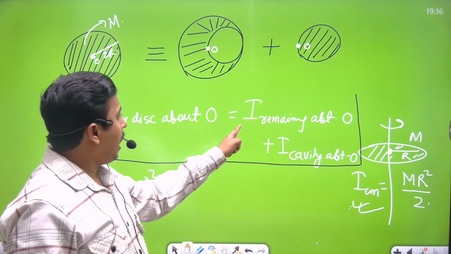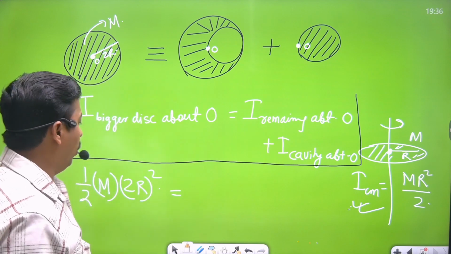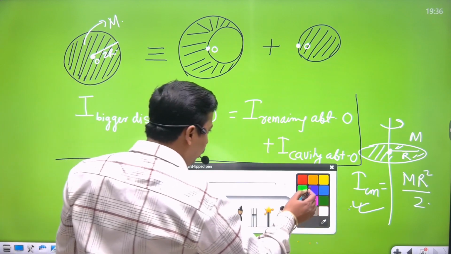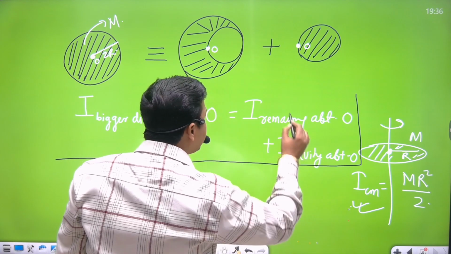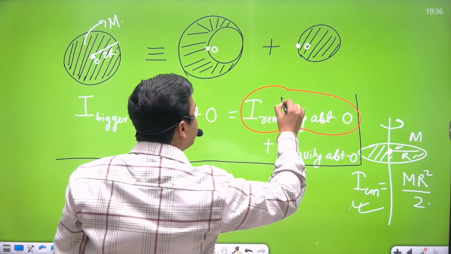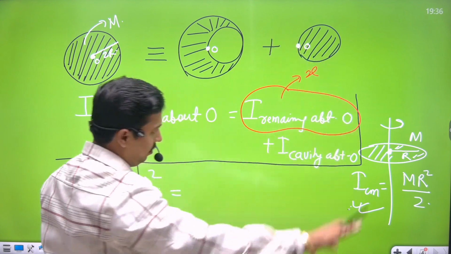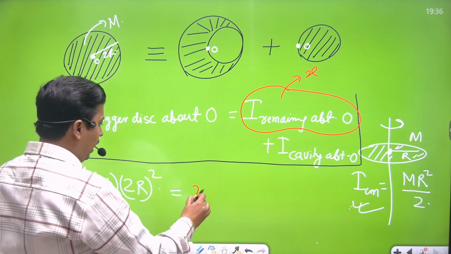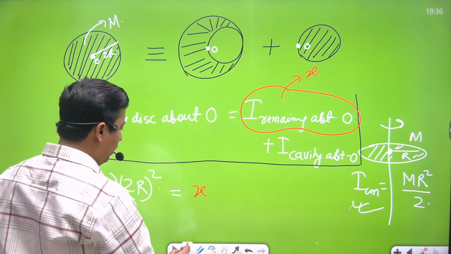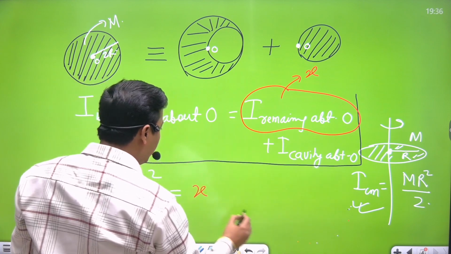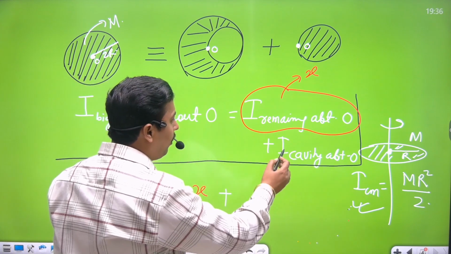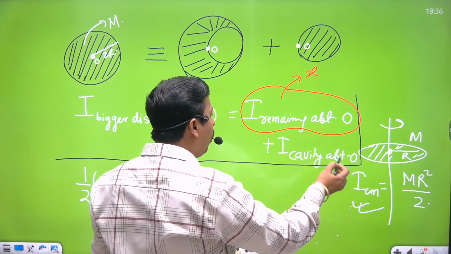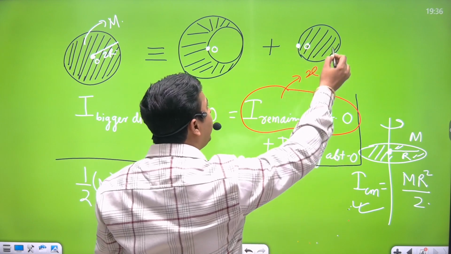You have to find this I remaining about O. So let us suppose, for the time being, this is equal to x. So you just have to solve a linear equation like that. x plus I of cavity about point O.